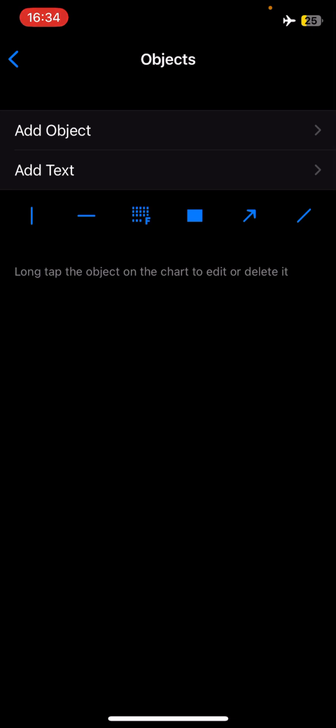If the higher time frame is going up, you're going to be focusing on buying. If the higher time frame is selling, you're going to be focusing on selling when you go onto your lower time frames. It's a very simple, easy system.